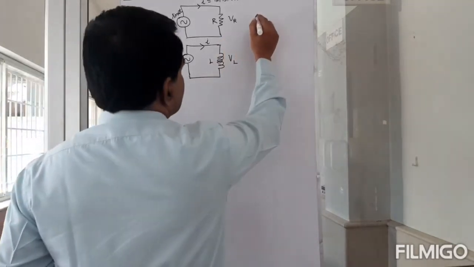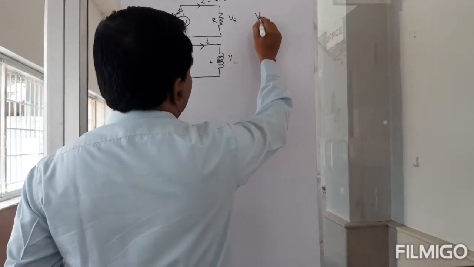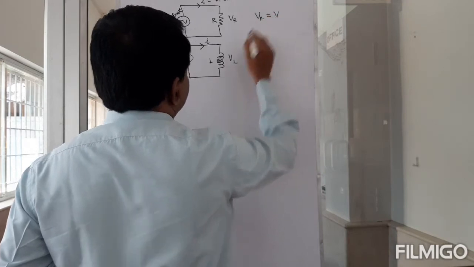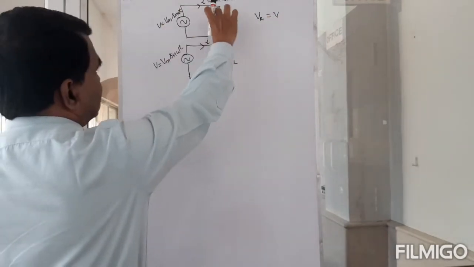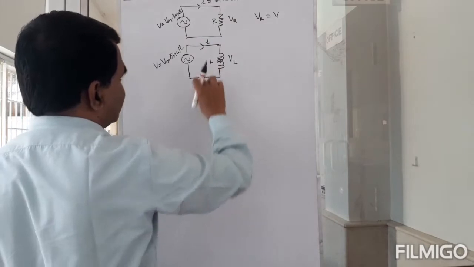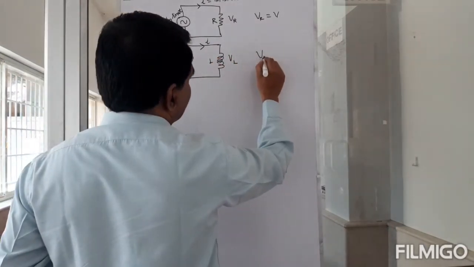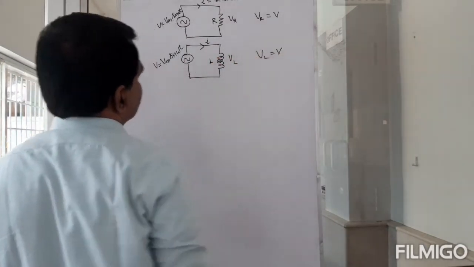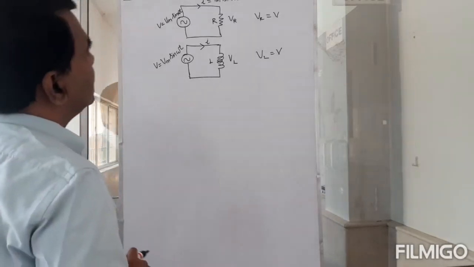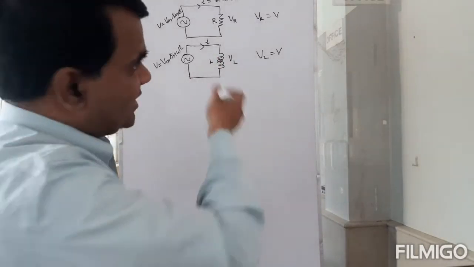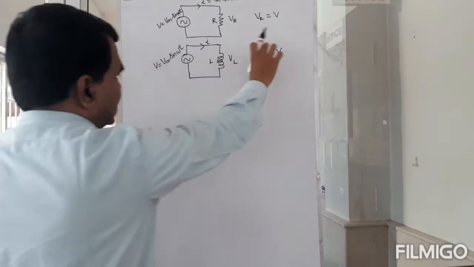Here in this case, VR is equal to V because that's the only place where the voltage gets dropped, and here also this VL is equal to V. And VL is also equal to L di by dt. That's different, but you can see this.